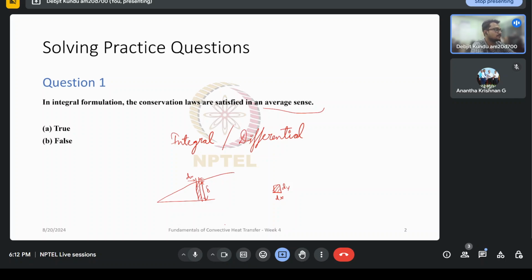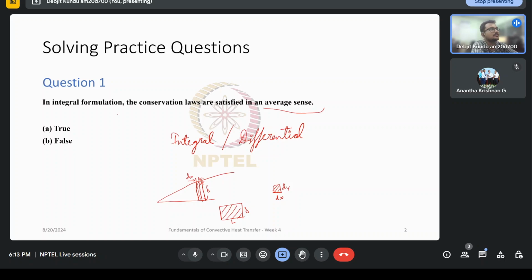It could be the other way around also. We can also have a much larger control volume with, let's say, the x dimension being L and the y dimension being delta. In that case also, if we solve for the conservation laws in this sense, that is also known as an integral formulation.